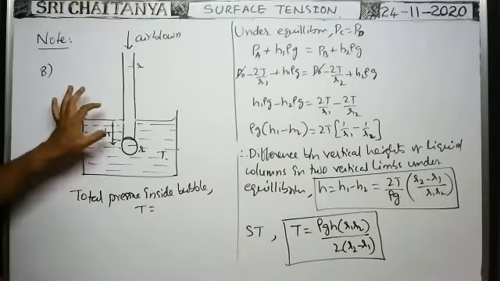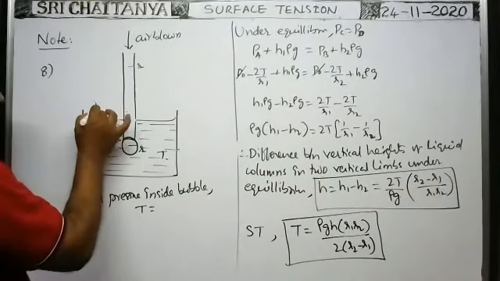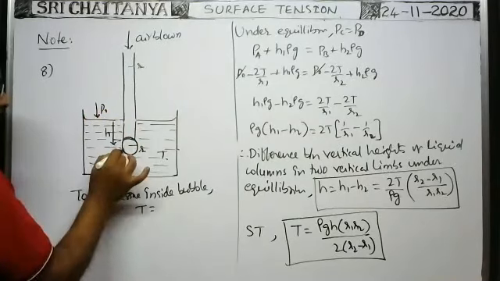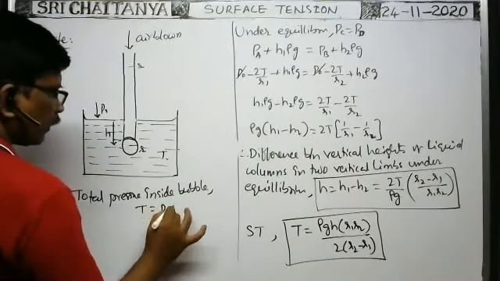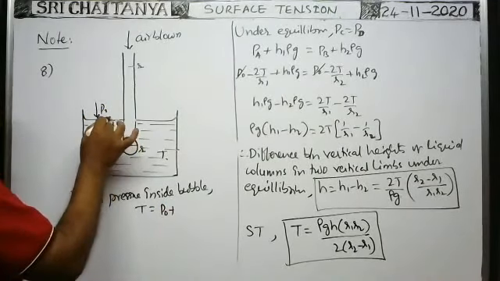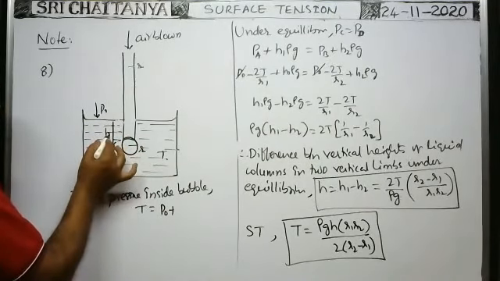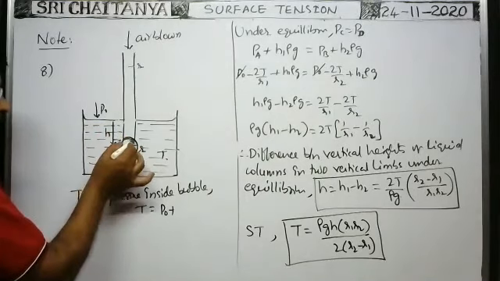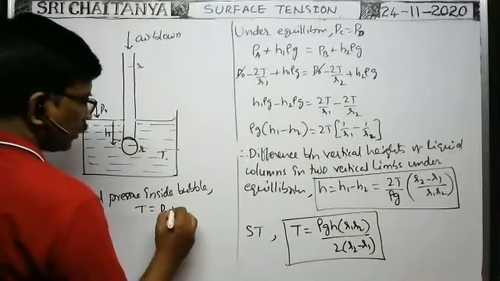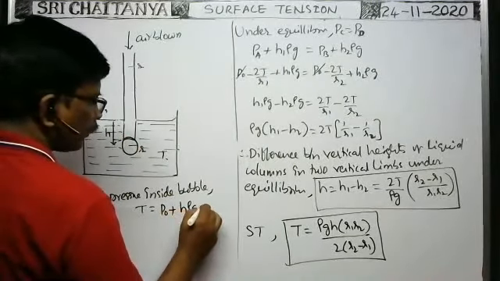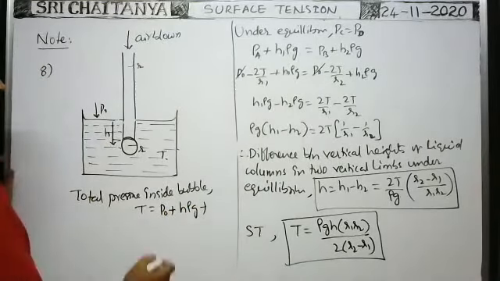As atmospheric pressure acts on the surface of the liquid, the same pressure acts at this point also. So atmospheric pressure is there. Due to the depth h of the liquid, the pressure acting is h rho g, plus some extra pressure.